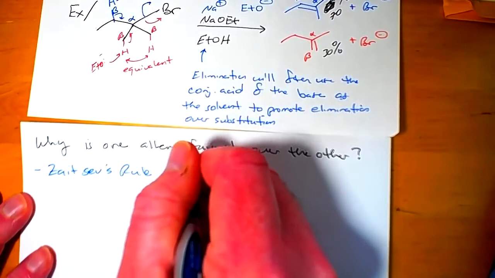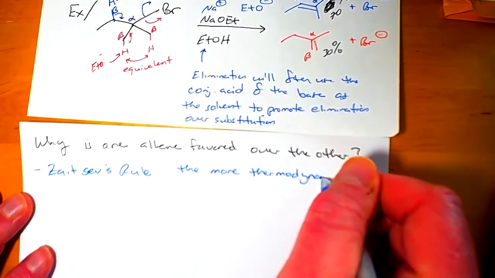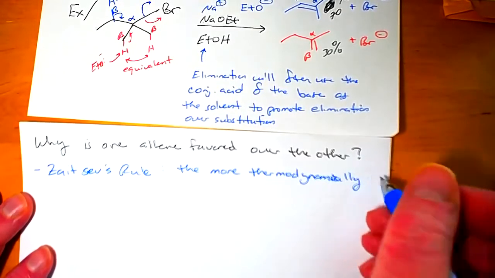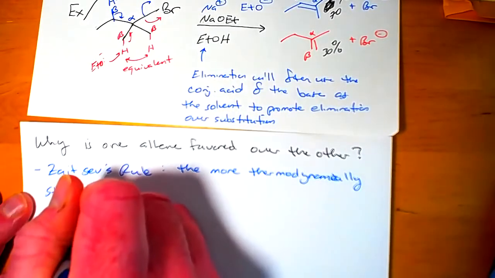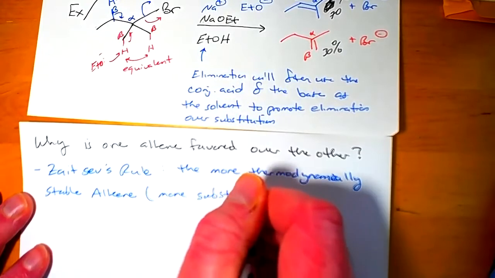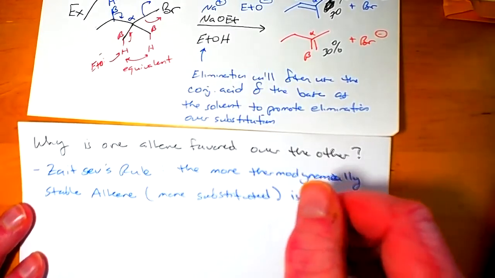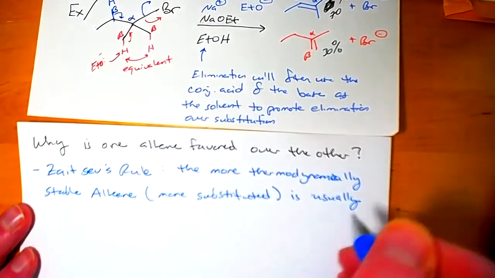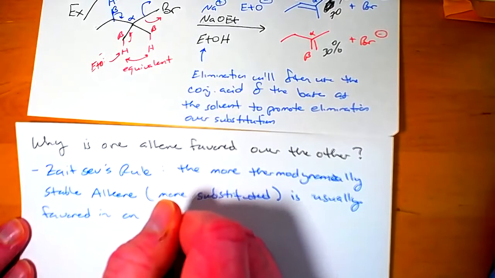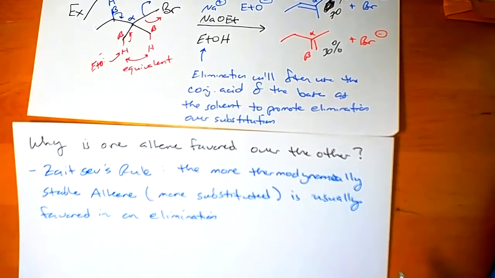Basically, Zaitsev's rule says that the more thermodynamically stable alkene, the more substituted alkene, is usually favored in an elimination.